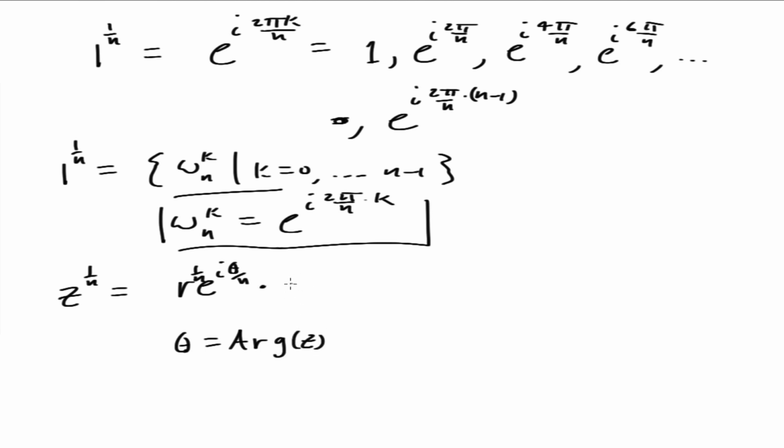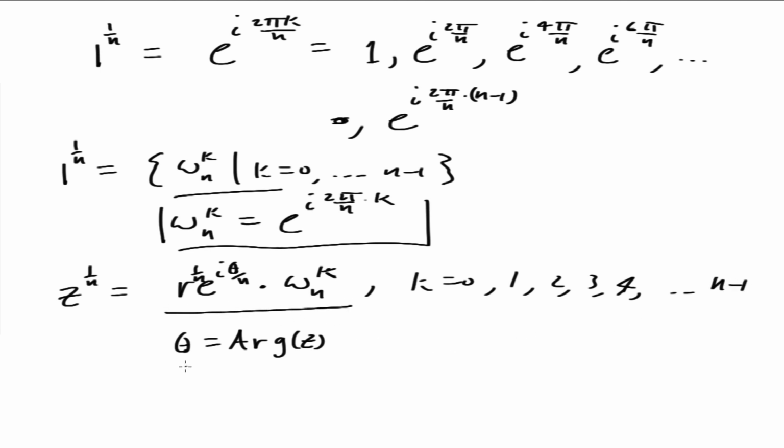To get all the other roots, I just multiply by these omegas, for k equal to 0, that's the principal root, and also 1, 2, 3, 4, all the way up to n minus 1. This is a good representation for writing any root you want.